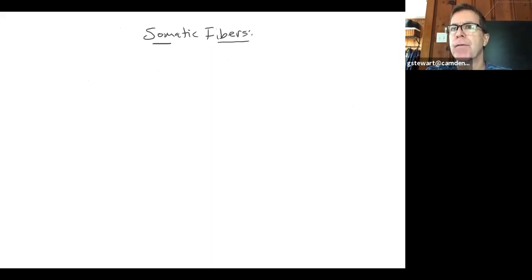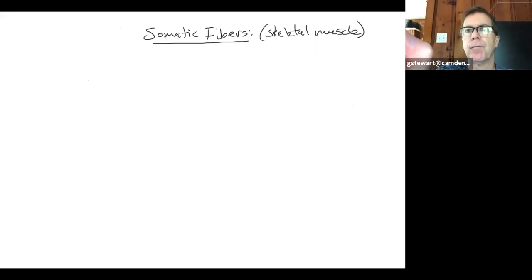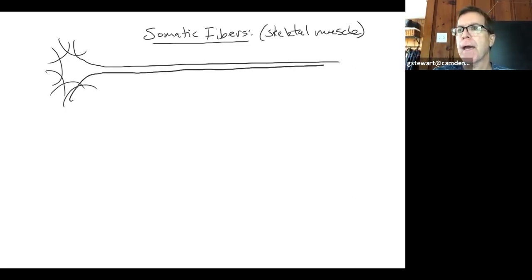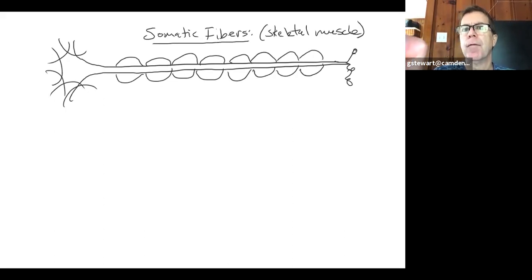Somatic fibers, these, remember, are voluntary skeletal muscle. They look something like this. Multipolar neurons, really long axons that are thick and heavily myelinated. So super fast transmission speed.